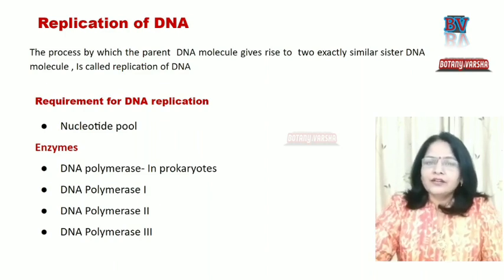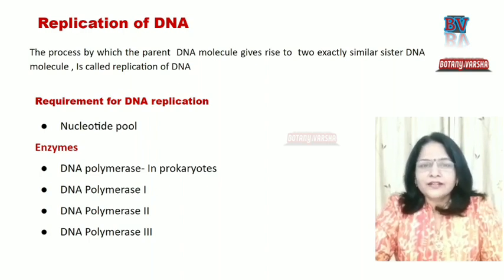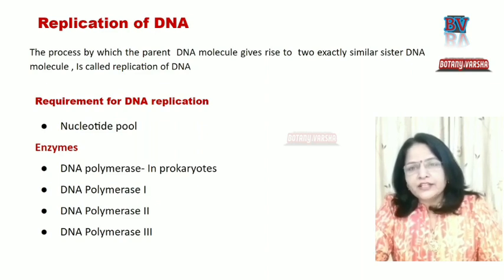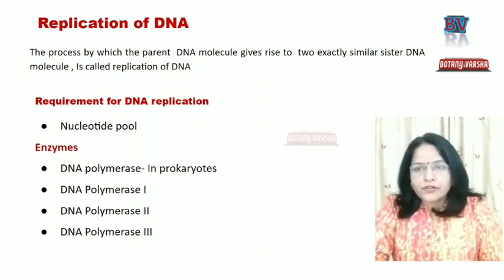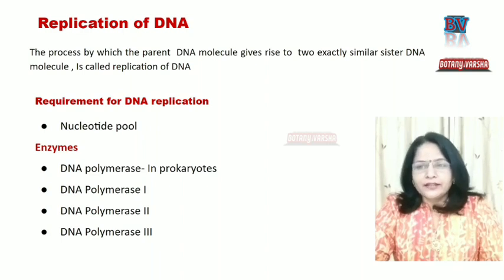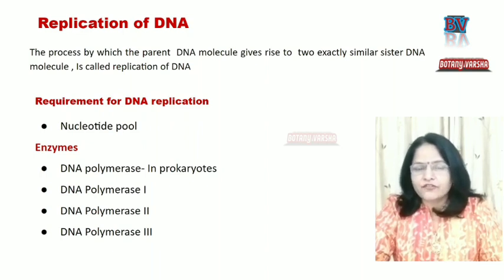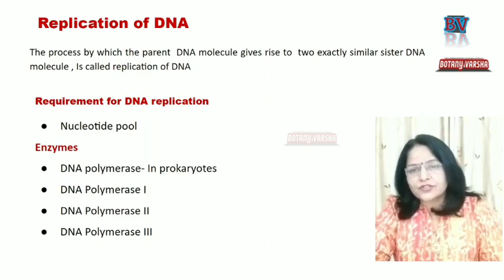So the first thing which is very important is the nucleotide pool. During the process of DNA replication, 4 different kinds of nucleotides are required. These are deoxyadenosine triphosphate, also called dATP, deoxyguanosine triphosphate, dGTP, deoxycytidine triphosphate, dCTP, and deoxythymidine triphosphate, also called dTTP.